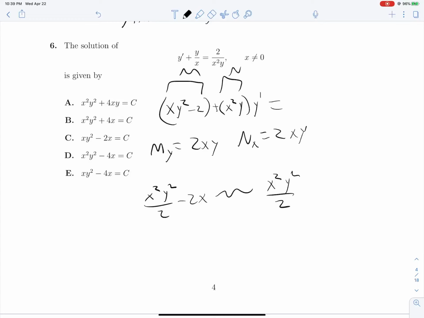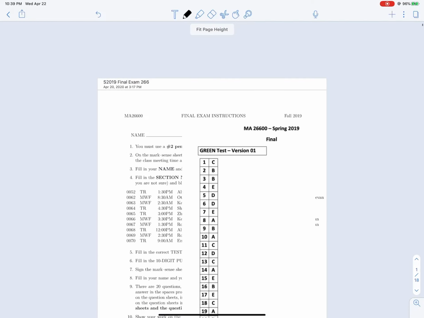And so what they do here is take this, where we see the overlap, so we write as our solution x squared y squared over 2 only once, minus 2x is equal to c. They multiply everything by 2 and just use a c that is 2 times our old c. And as a result, we land on D for 6.